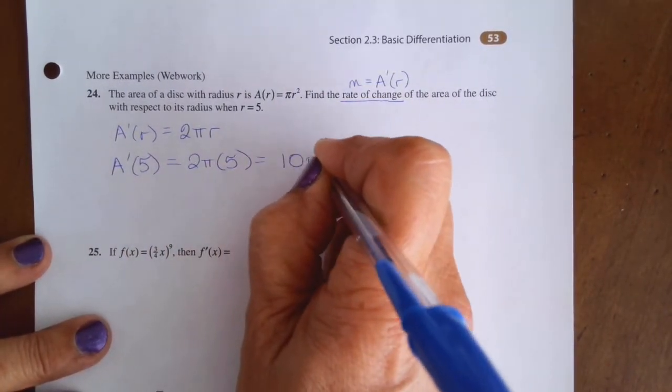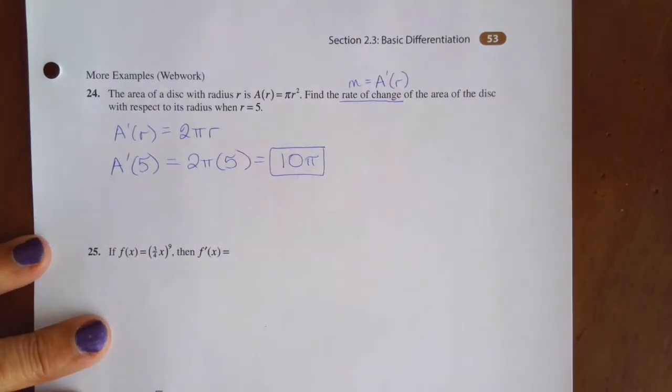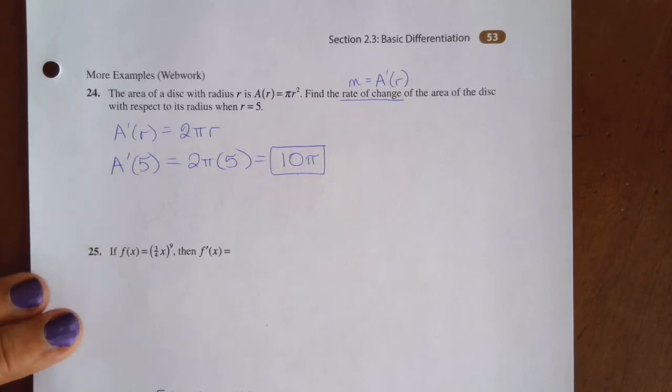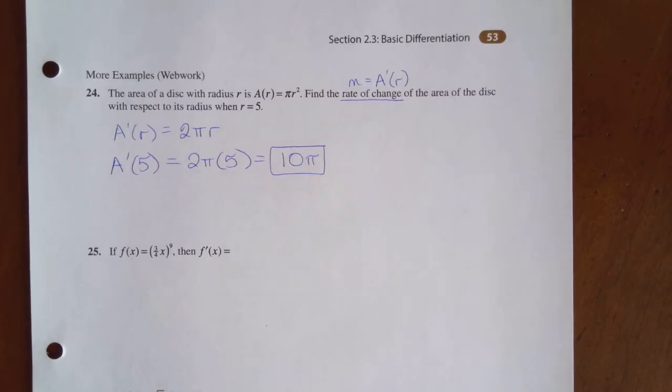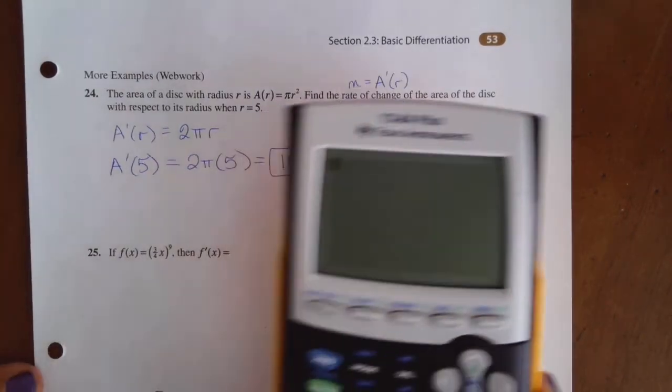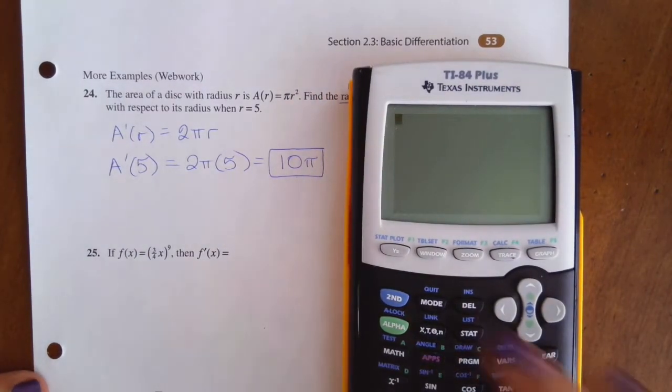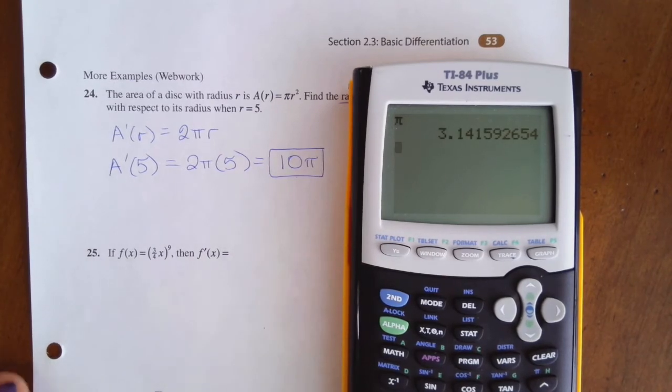10 pi. And listen, you can put pi in WebWorks, do that. Remember, if you change pi to 3.14 and put that decimal in there, you will get it wrong. Now, if you use pi on your calculator and leave that, then that's fine. So do not use 3.14. You can do second pi, leave that whole thing in there times 10.